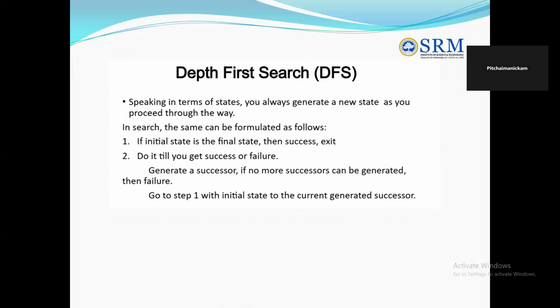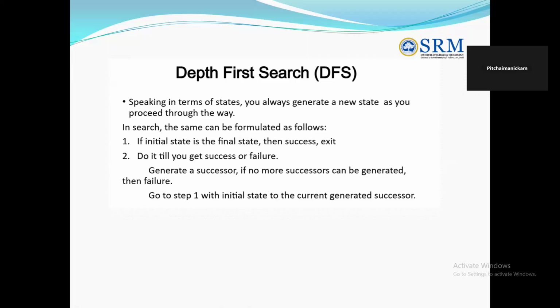Another thing, in depth first search we are able to formulate three important points. One: if the initial state is the final state, you check whether the node has reached the target node or not. If it has, then success and exit the process.